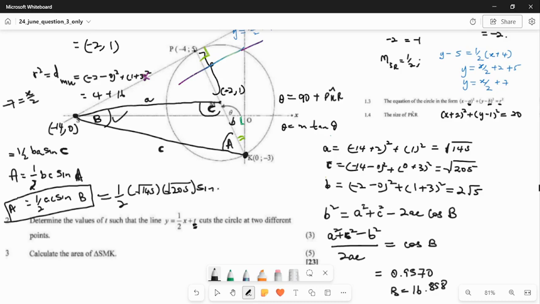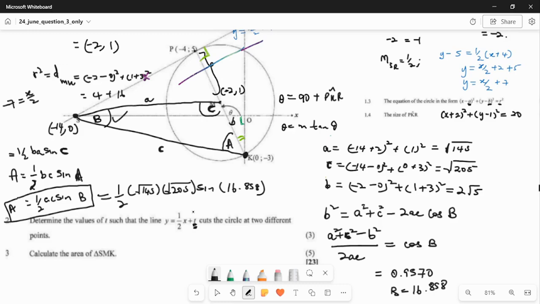And then we have sine of the answer, 16.858.